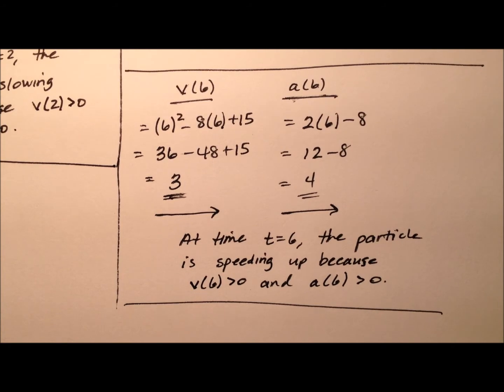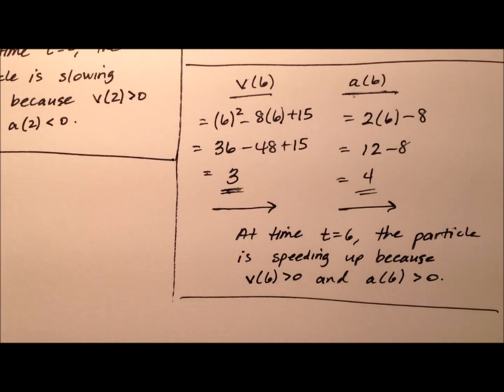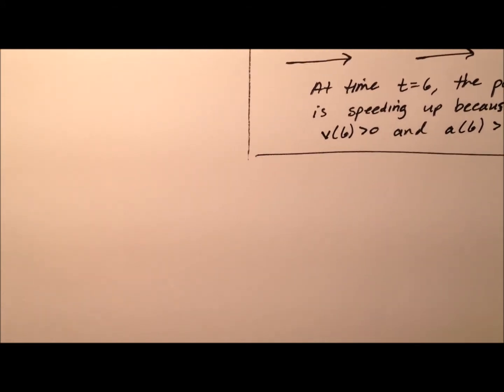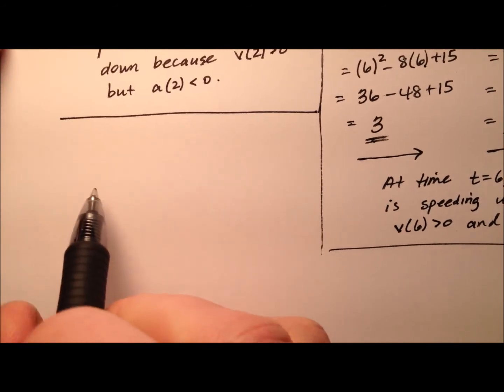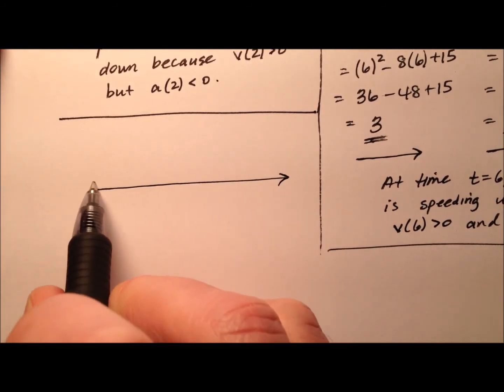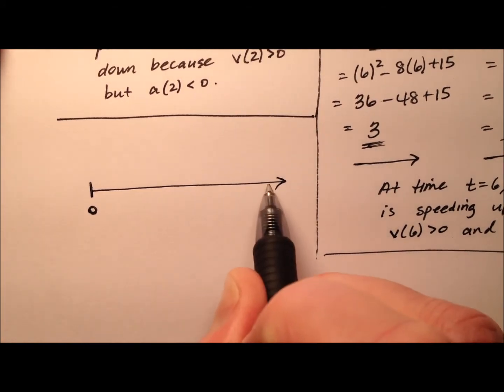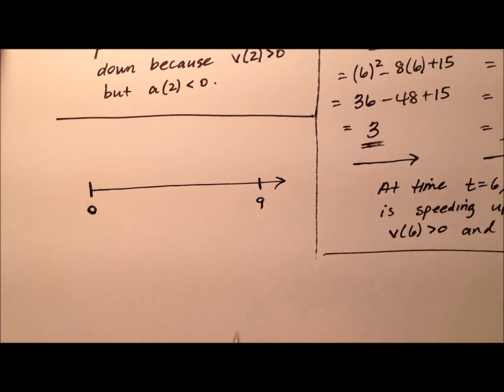And let's generalize this. So we just looked at two specific examples. Let's generalize and find when in general between time t equals 0 and t equals 9 our particle is speeding up and when it is slowing down. Okay, so I'm going to draw a nice continuum here. So here is our number line, and we're starting at time t equals 0, and we're going to move up to t equals 9.